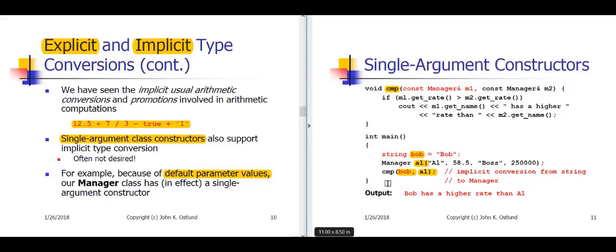All right, so the default rate for this magically created manager object called Bob is $70, and so we get a message out on our screen that Bob has a higher rate than Al, because 70 is greater than 58.5. So we may have intended this to work this way, but more than likely it's an error.